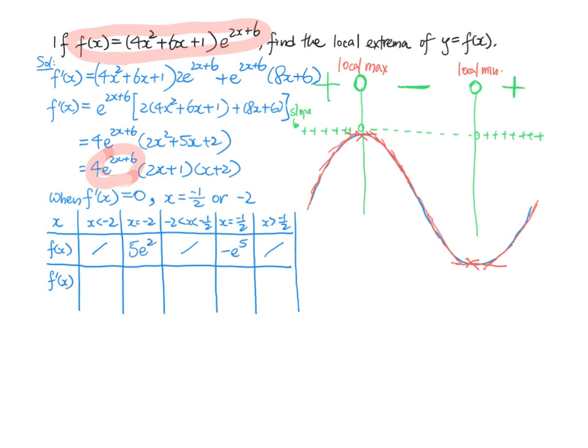And for the last row, we are going to refer to this, the derivative of the original function, because we want to find the slopes. Again, at these two particular points, the slopes equal exactly 0.